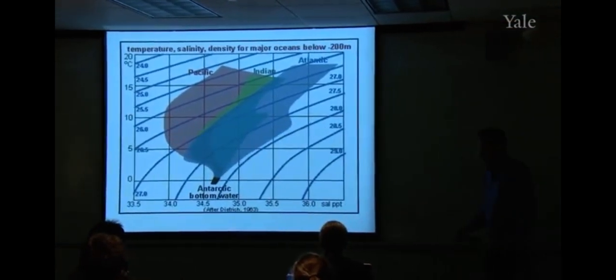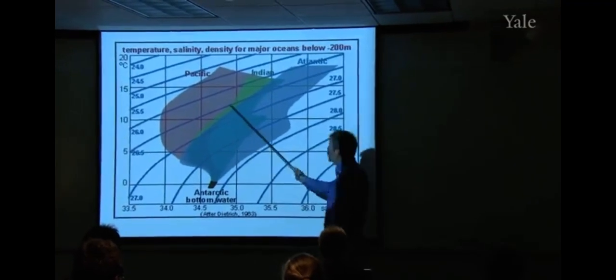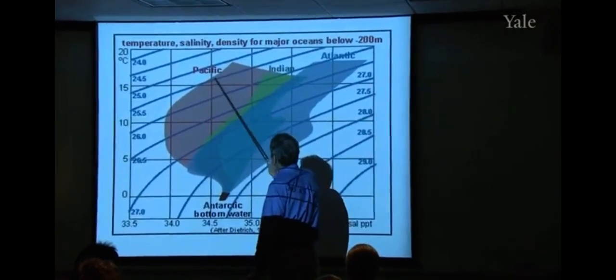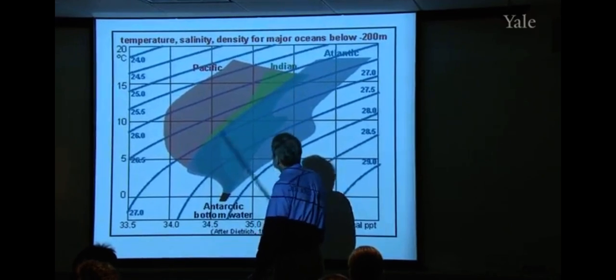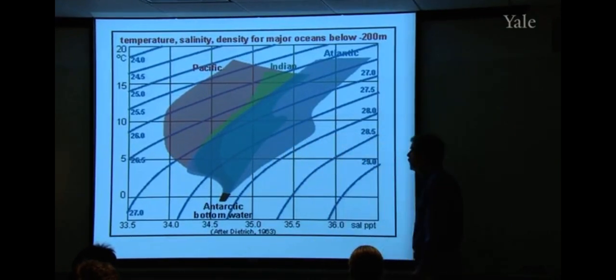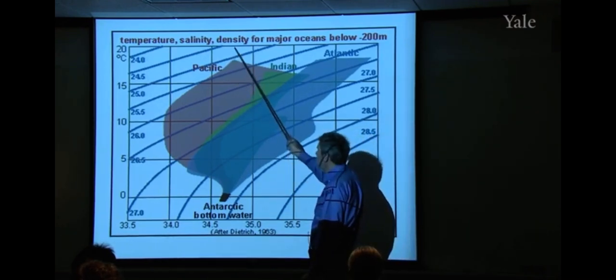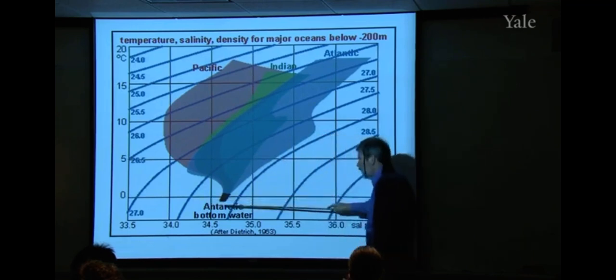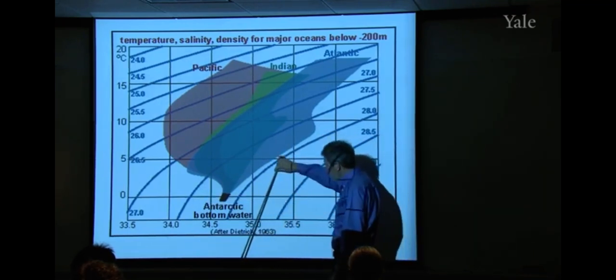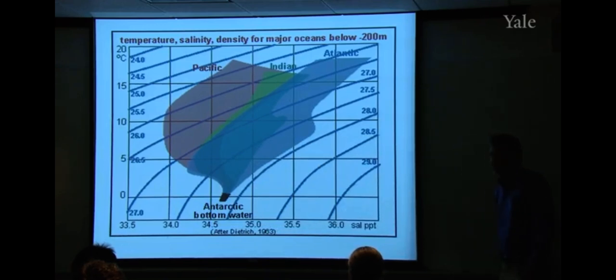There's a couple other things I'd like you to notice about this diagram. Up in the warmer temperature region, up near the top of the diagram, because of the way these lines are tilted, the density is most sensitive to temperature changes. Whereas down in the colder regions, where the lines are tilted more like this, the density is more sensitive to salinity changes.